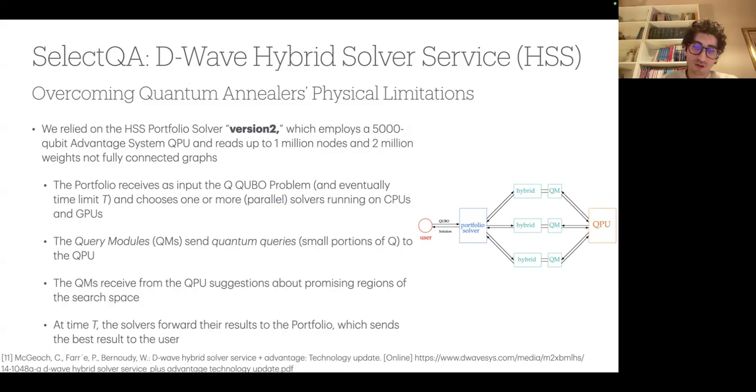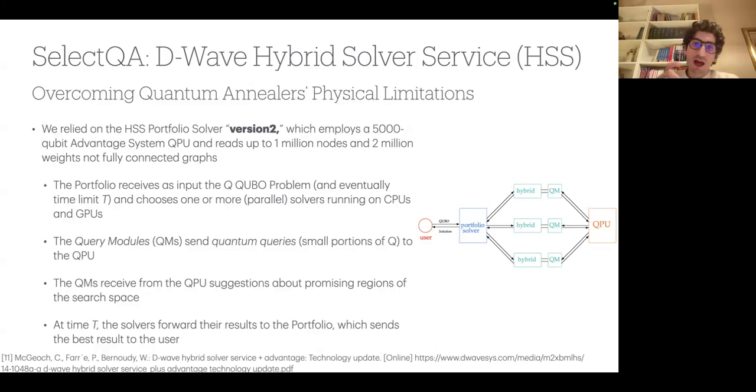The portfolio service receives from the user the QUBO problem and eventually also a time limit t. And on the basis of the complexity of the QUBO problem that it receives from the user, it starts a number of parallel classical solvers that run on CPUs or GPUs.